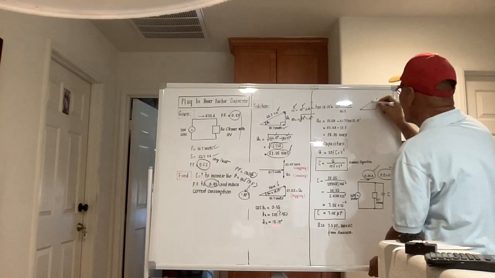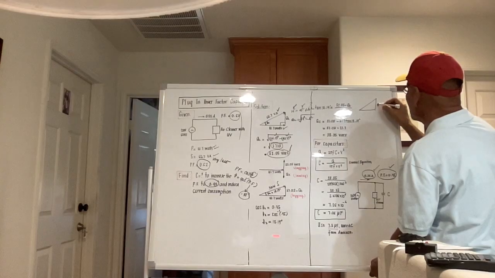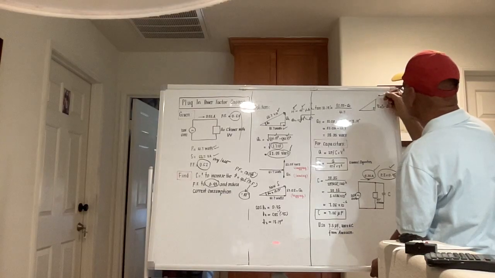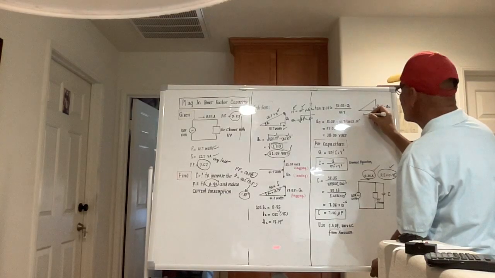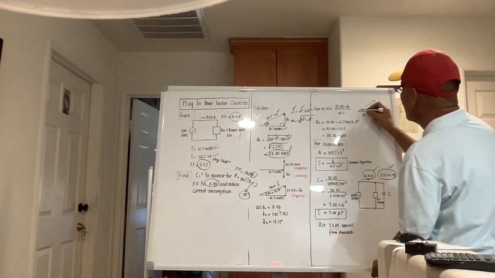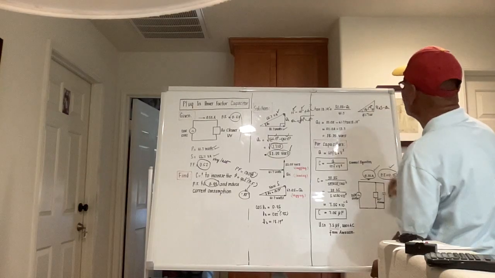So there will be a right triangle now. This is 52.05 minus Q sub C, this portion. This is 41.7 watts. And this angle here is 18.19 degrees.